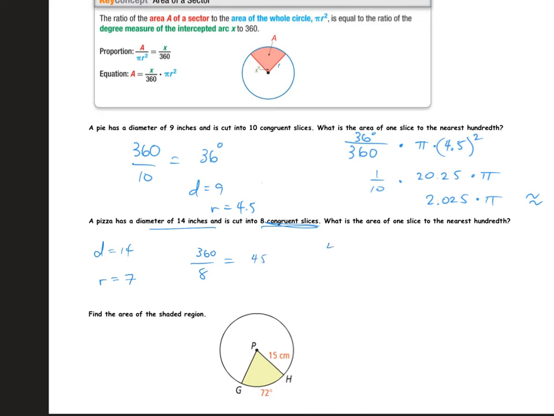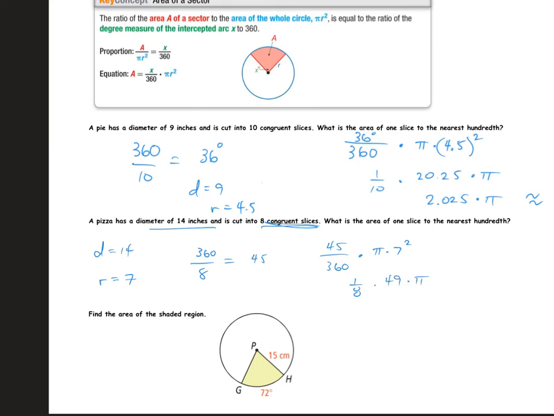So I'm going to say that's 45 out of 360, the central angle over the whole circle, 360. And now I'm going to multiply that by pi times 7 squared. So 45 out of 360 we already know is 1/8 times 49 times pi.